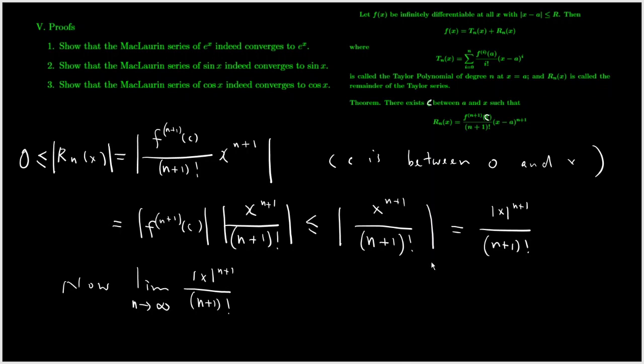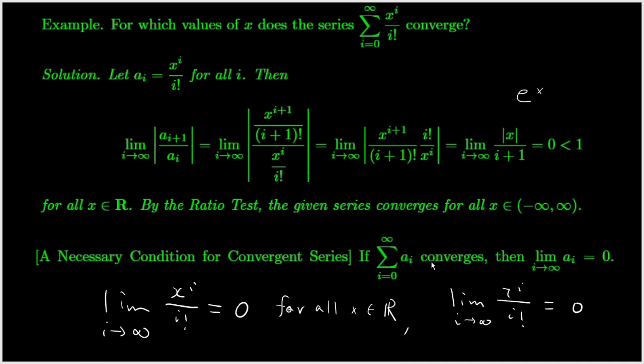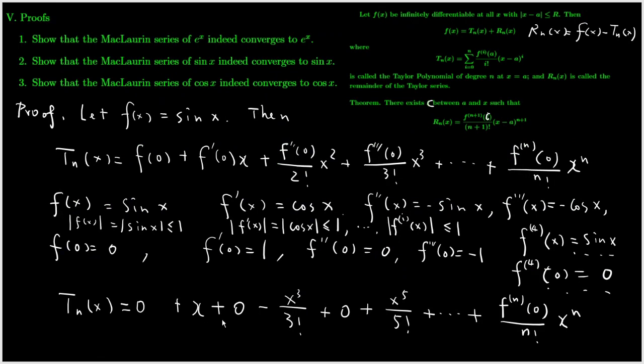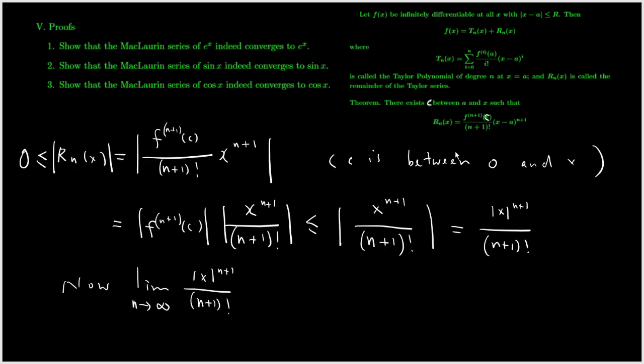Now, from this formula, you can replace i with n plus 1. So as n approaches infinity, x to the power of n plus 1 over factorial of n plus 1 is equal to 0. So we have this limit is equal to 0.